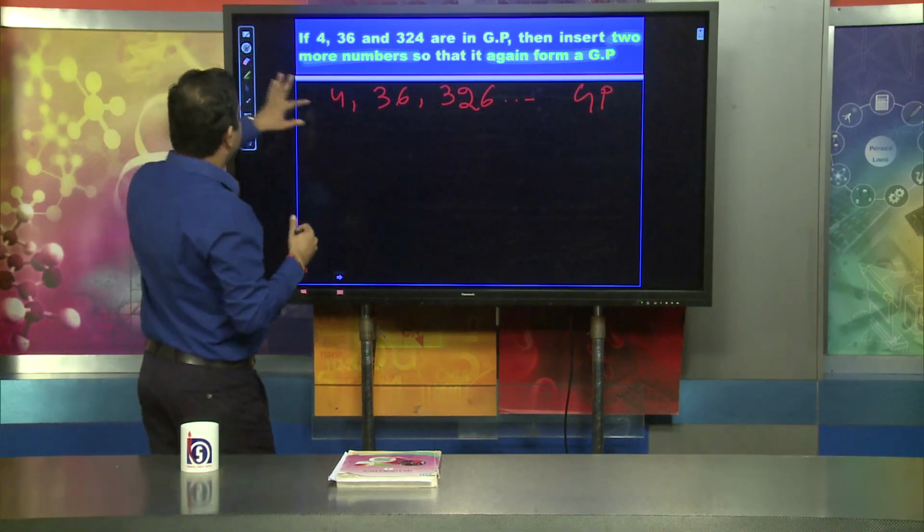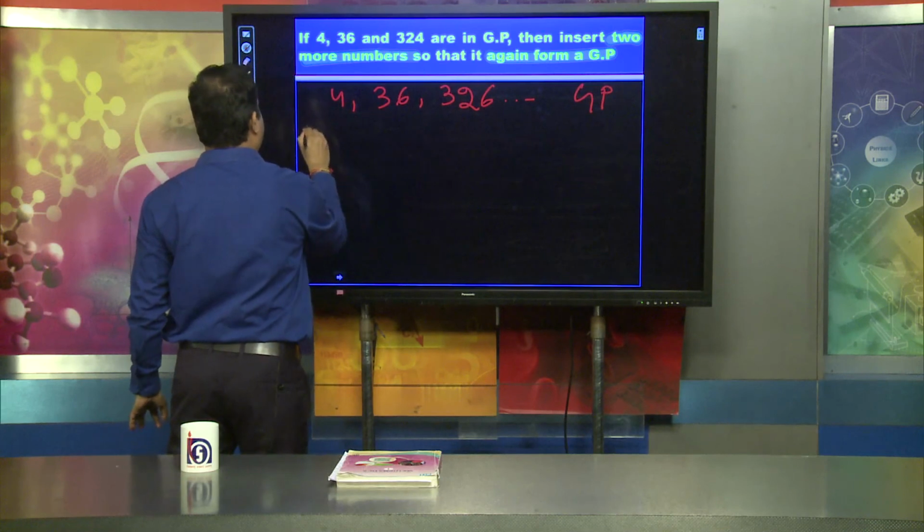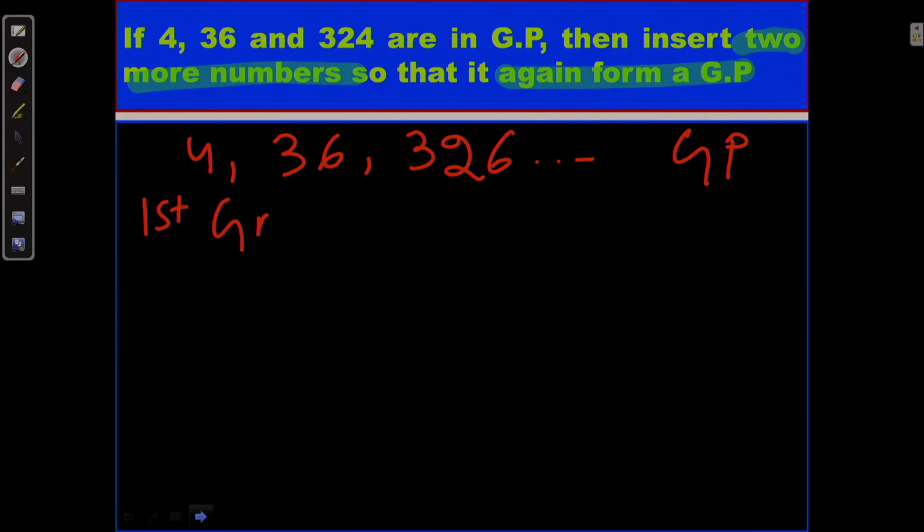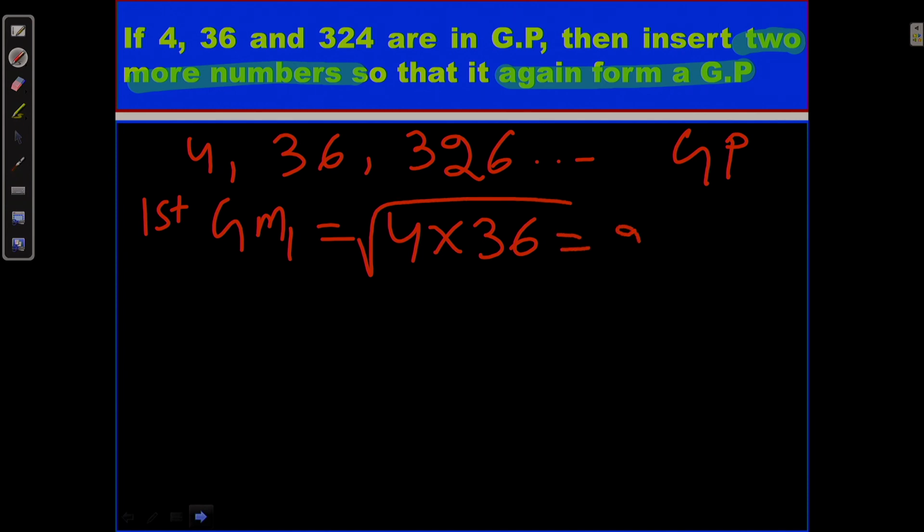Between 4 and 36, the first geometric mean, GM1, equals the square root of 4 into 36. So simply I can say 2 into 6, that is 12.